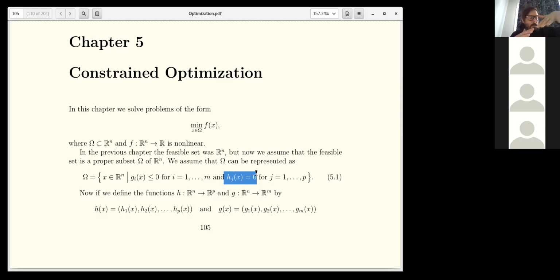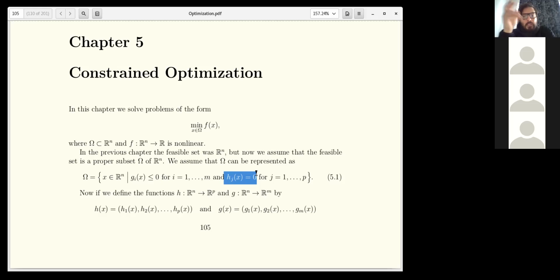So in three-dimensional space, these would be surfaces, and in two-dimensional space, these would be curves, and so forth. So we have both of these kinds of constraints at play here, and we have to figure out what to do when these constraints are at play.